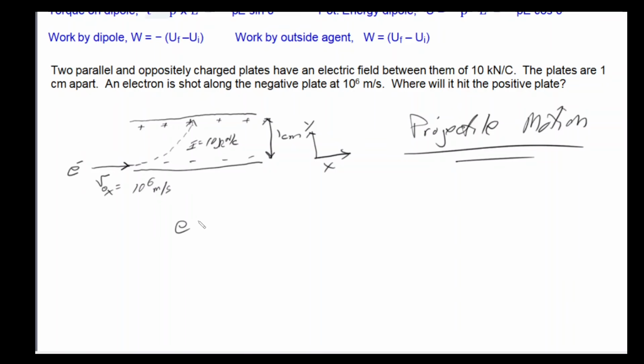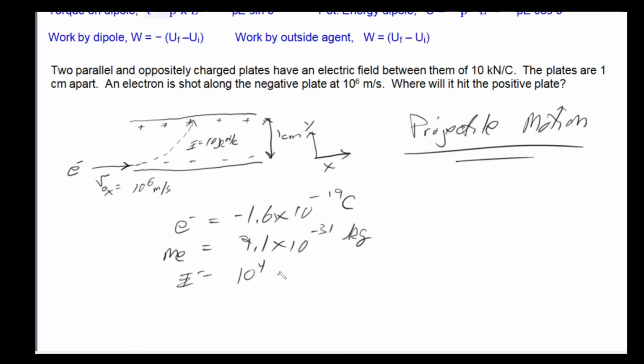Well, we know the electron charge is equal to the elementary charge of minus 1.6 times 10 to the minus 19th coulombs. We can find that the mass of an electron is equal to 9.1 times 10 to the minus 31 kilograms. We're given that the electric field is equal to 10 kilonewtons per coulomb, which is 10 to the 4th newtons per coulomb.